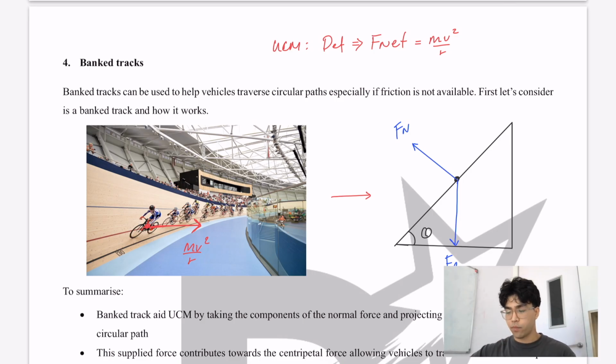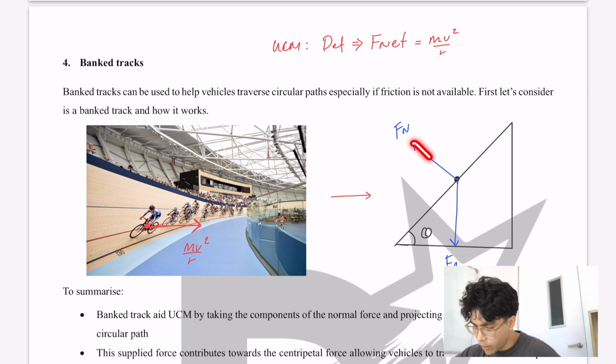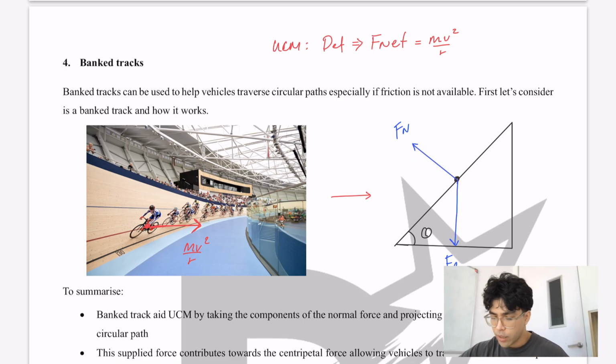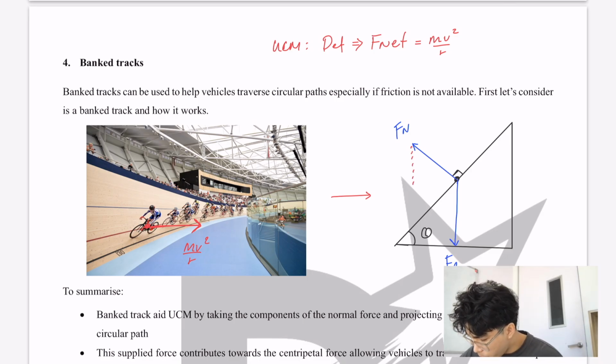Now think about it. If you're on an inclined plane, the normal force is going to be perpendicular to the surface. Now, because the surface is banked, can you guys see here how there's always going to be some component of the normal force, which we're going to call Fnx, right?